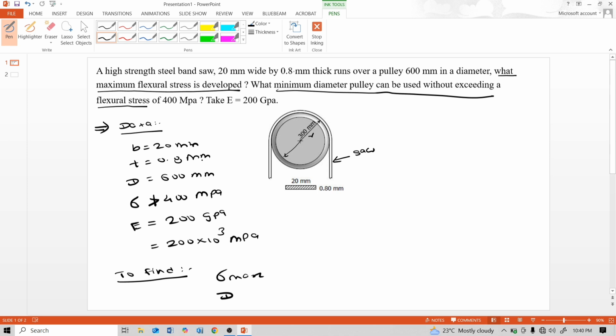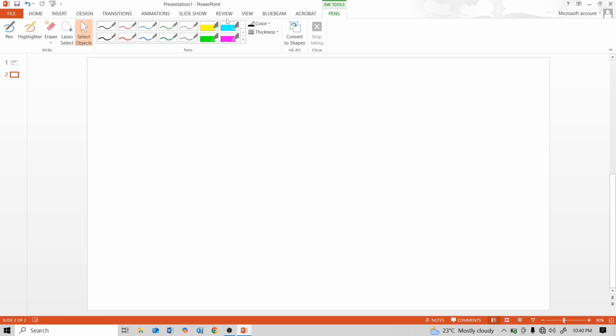So calculate the maximum stress developed in the steel band saw. Case 1. Sorry for this handwriting because of this notepad and pen.